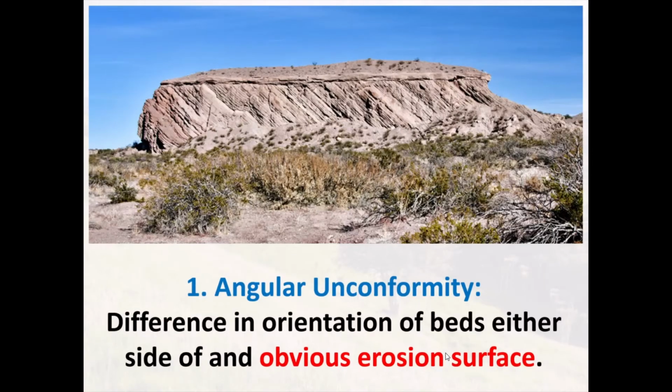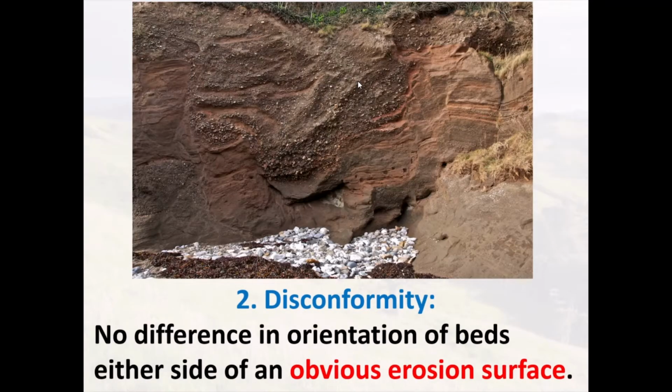So to see those in pictures then, this is what an angular unconformity might look like, where we have these differences in orientation of the beds either side of the unconformity. Here we can see a disconformity where we have these sandstones with these well-developed sedimentary structures.